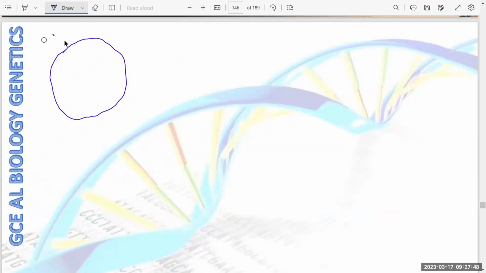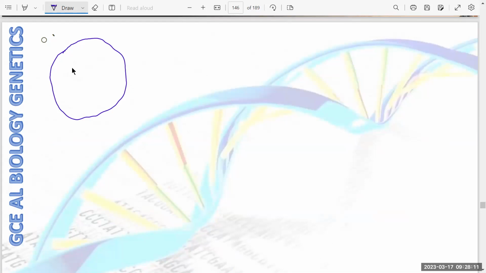Then we can see the amount of purple and white. There are certain ratios. According to Mendelian genetics, with dominant and recessive alleles, the dominant phenotype is more common and the recessive one is less. Why is that?